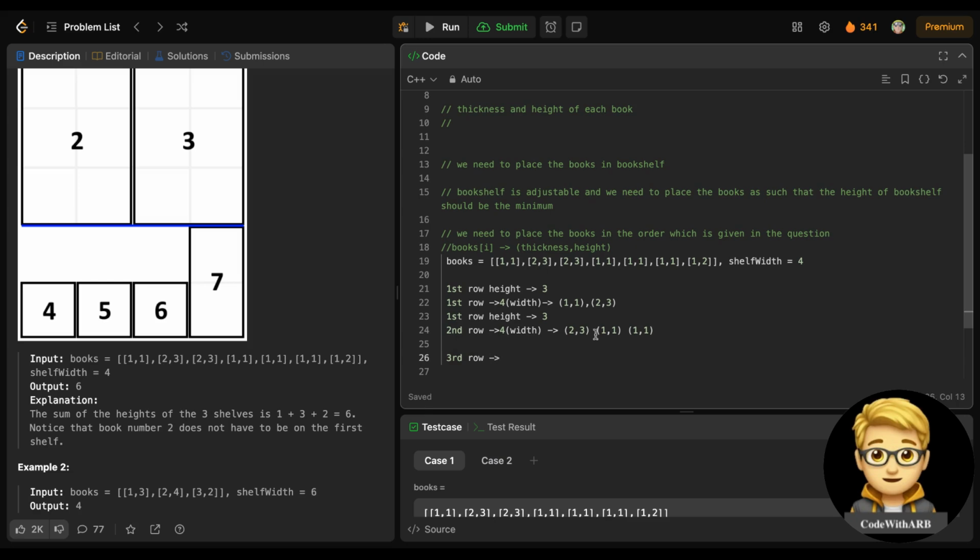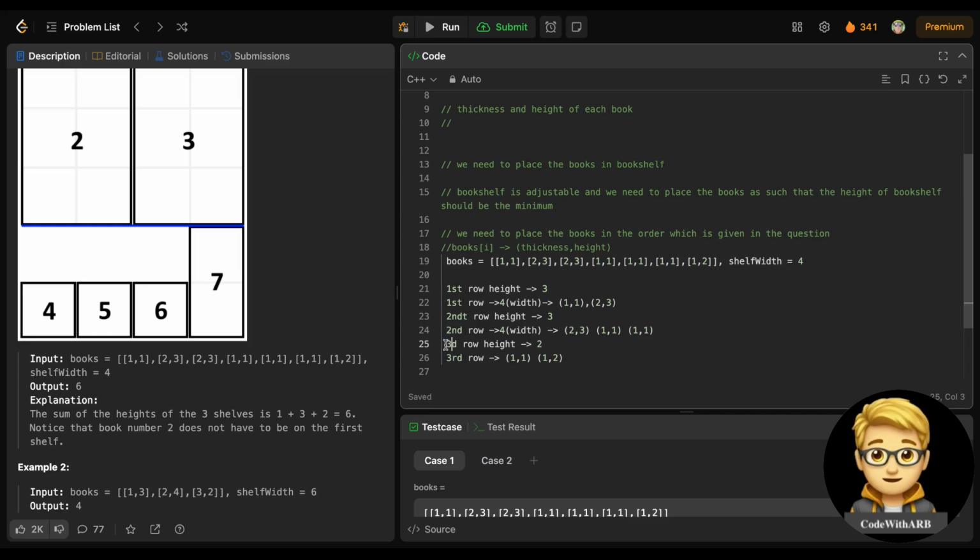One thing is, see that there are options, right? So if you place this again 1 comma 1, and also again 1 comma 2, all the books are placed, and the height of the third row is 2, because the maximum height of a book is 2 in both of the books in the third row, right?